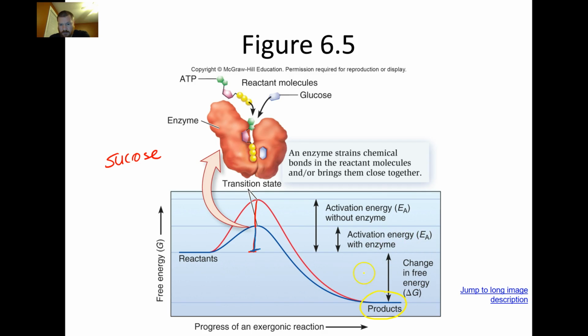So I could still end up with CO2, H2O, and some ATP down here. And the other important thing is this enzyme is not used up in the process, right? So that enzyme remains. So that's another good thing about using them. You can recycle them over and over and over again.